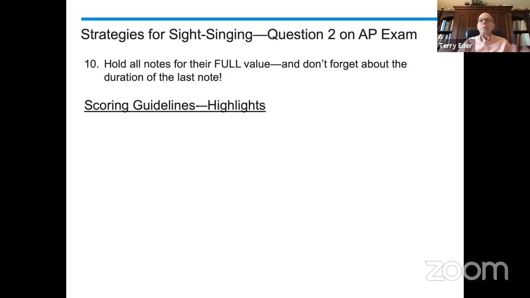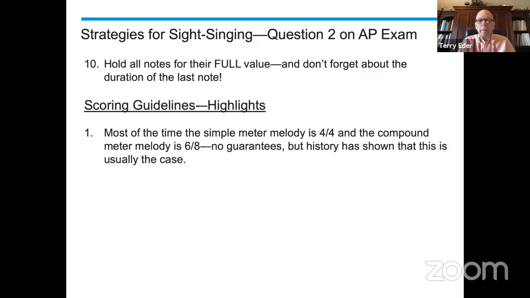We want you to do well. But here is the major thing about the sight singing. First of all, most of the time, the simple meter melody is 4/4 and the compound meter melody is 6/8. No guarantees on that, but in looking back through sight singing melodies through the years that have been used as a part of the AP exams, it's shown that this is usually the case.